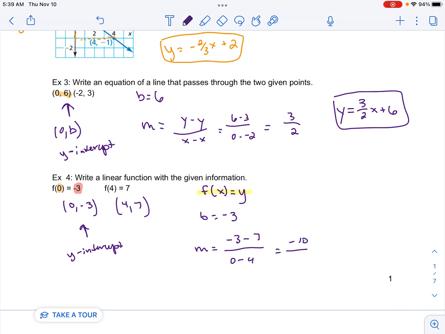So -10 over -4. I need this in reduced format. So they're both divisible by 2. And because it's a negative over a negative, it's going to be a positive. So I have 5 over 2. Now I can write my equation. y equals 5 over 2 x minus 3.